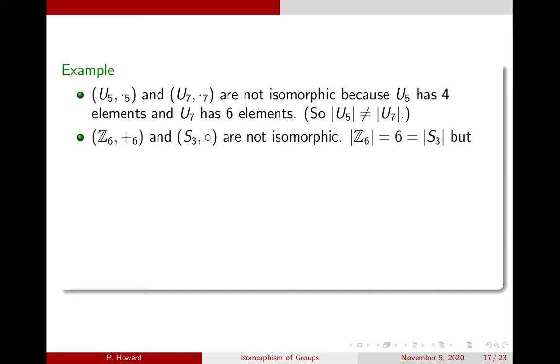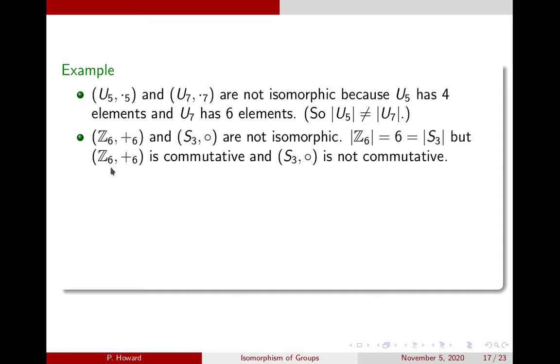But Z sub 6 with plus sub 6 is commutative, and S sub 3 with the operation of composition is not commutative. If you have two isomorphic groups, the first is commutative if and only if the second is. You cannot have a commutative group isomorphic to a non-commutative group.